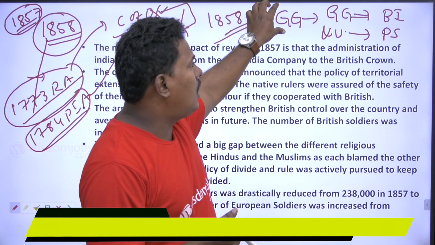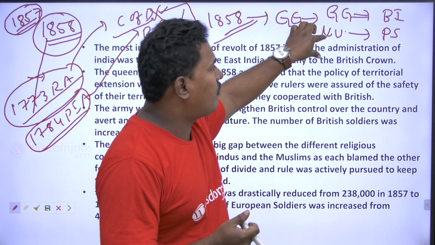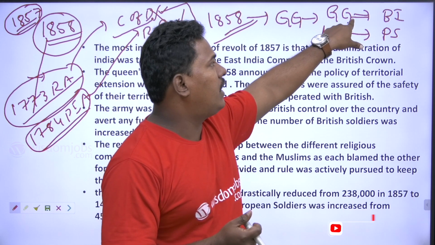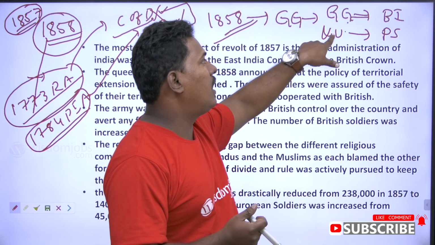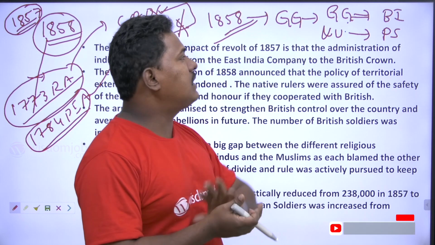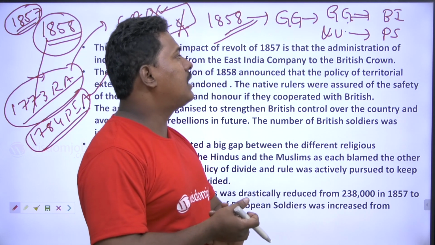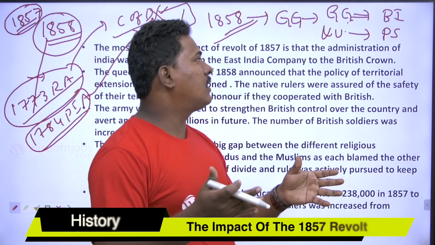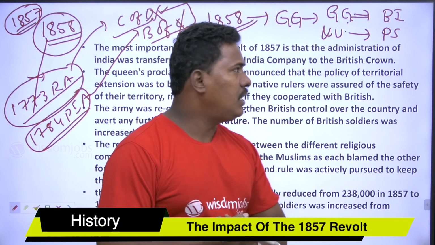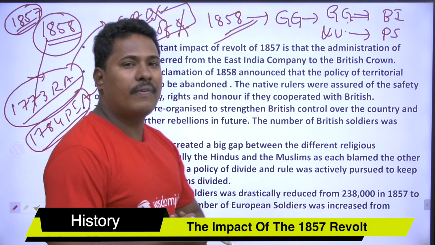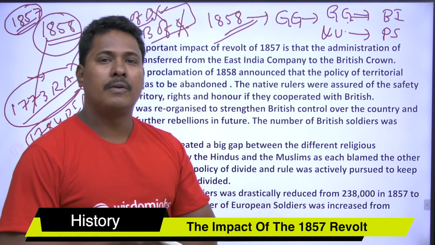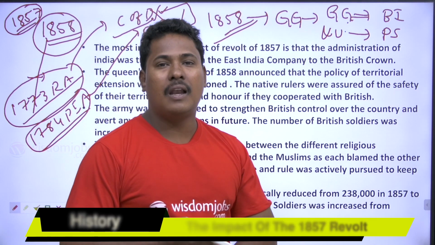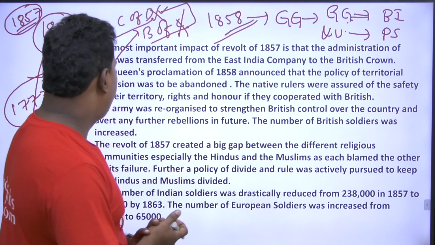The first Governor General and Viceroy was Lord Canning in the year 1858.